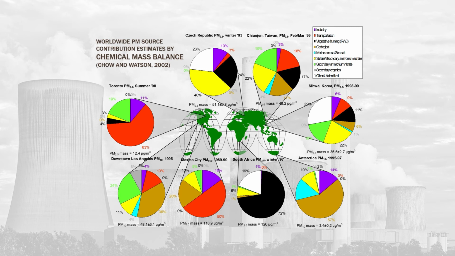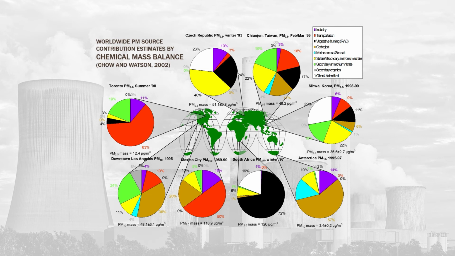For example, in Asia, 40 percent of the PM is secondary ammonium sulfate, only 3 percent is from transportation, and 10 percent of the PM2.5 mass is from industry. So this chemical mass balance model can predict the source concentrations like this.